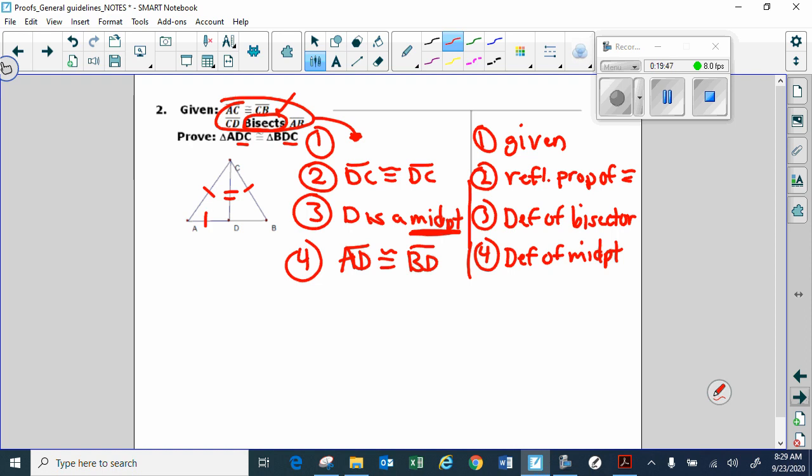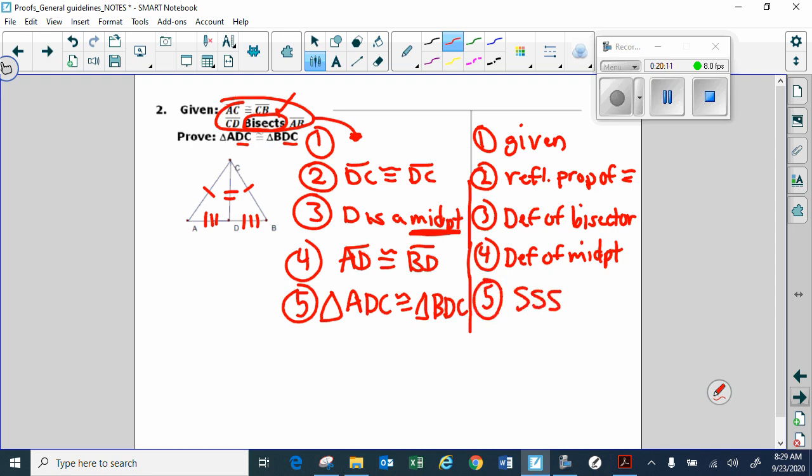So now I have that those two segments are congruent. And now I have enough to prove that the two triangles are congruent, and I copy down exactly the order that it has right there. BDC, and why are these two triangles congruent? Everybody should be able to see it is SSS, and I'm done.